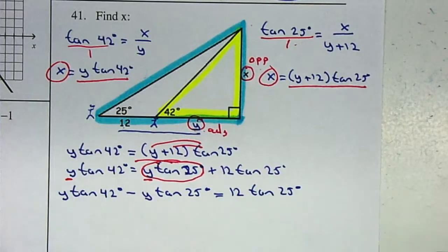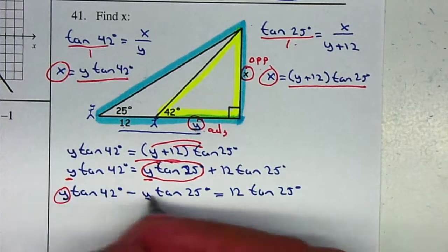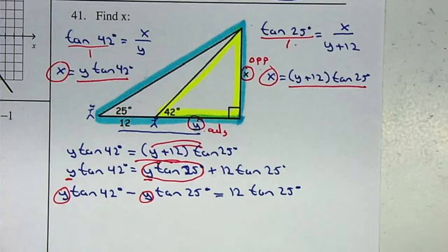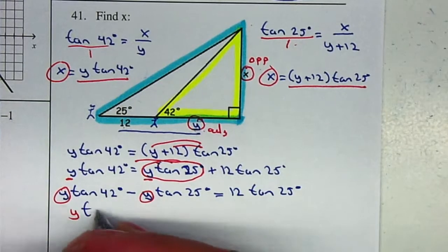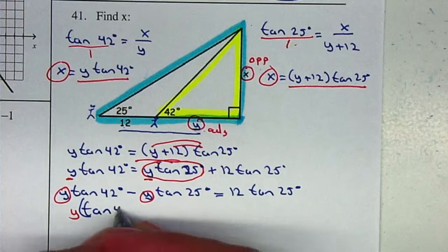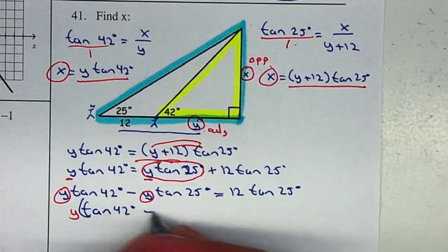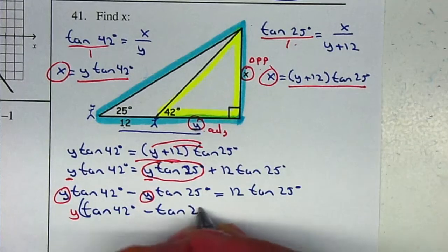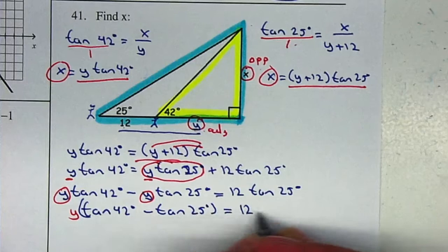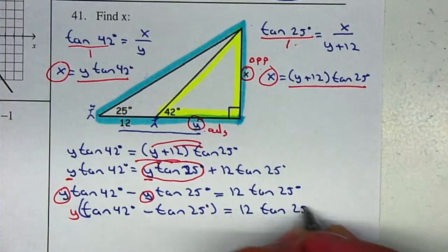I have two y's on the left-hand side, so I can factor out the y from them both. That gives me y times the tangent of 42 degrees minus the tangent of 25 degrees is equal to 12 times the tangent of 25 degrees.